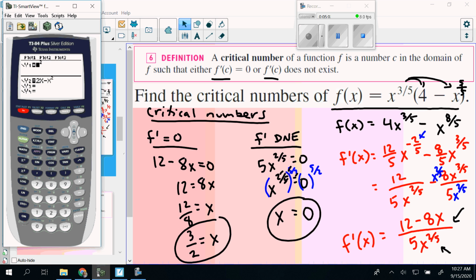Let's just graph this function to look at it so you can kind of verify that. So if you graph, I'm just going to enter it the way it was originally given to us, x to the 3/5 times 4 minus x, and graph this out here.